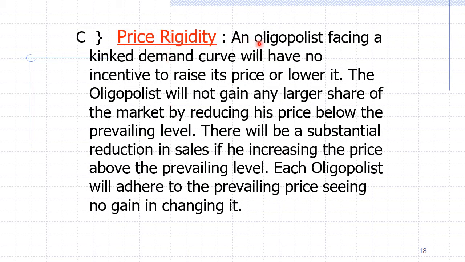An oligopolist facing a kinked demand curve will have no incentive to raise or lower its price. The oligopolist will not gain any larger share of the market by reducing his price below the prevailing level, and there will be a substantial reduction in sales if he increases the price above the prevailing level.